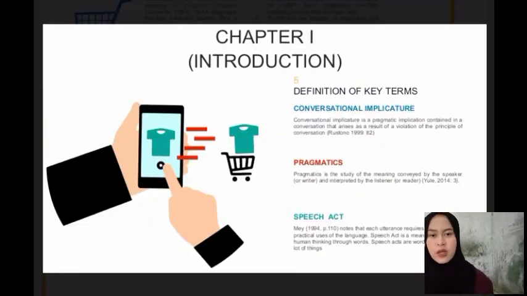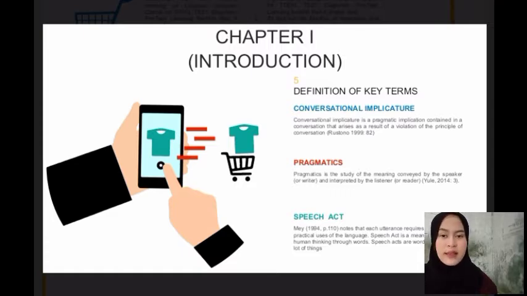Next is the definition of key terms that come up in this research. Conversational implicature, stated by Rustono in 1999, page 82.